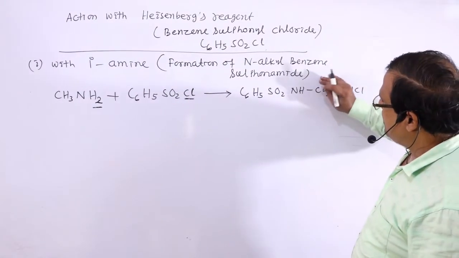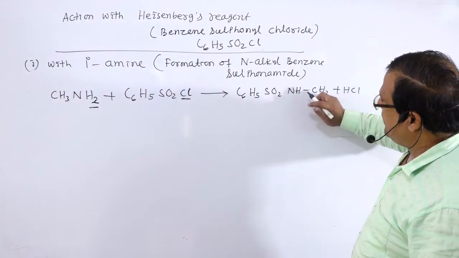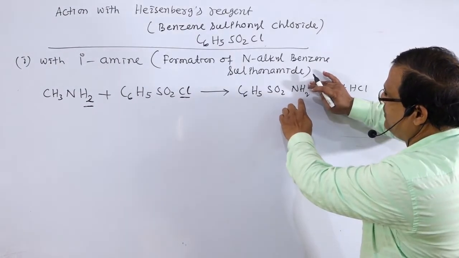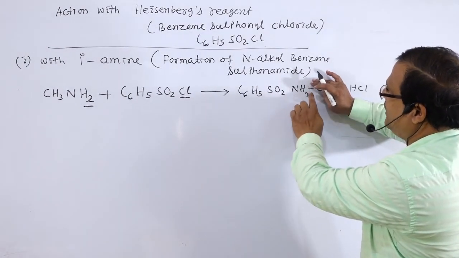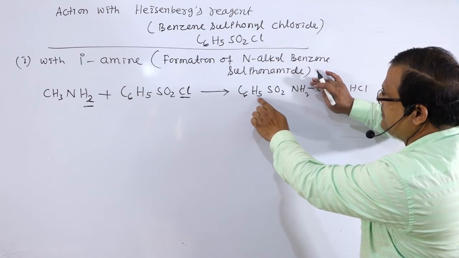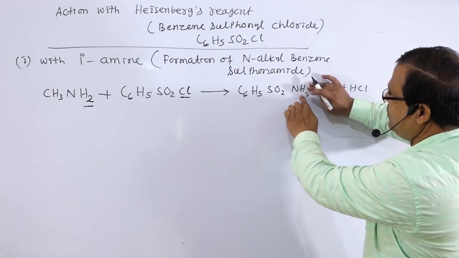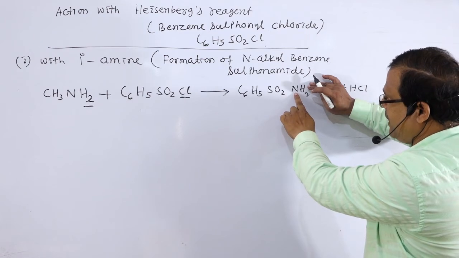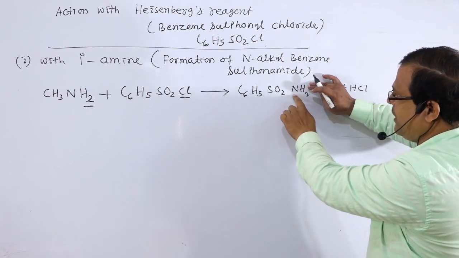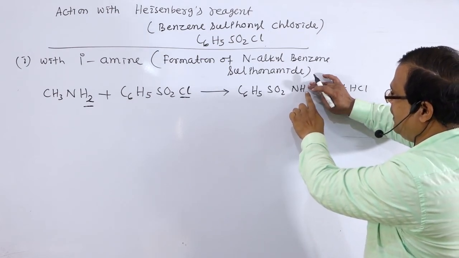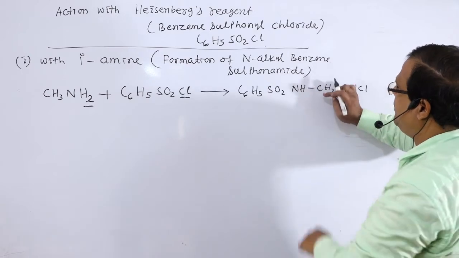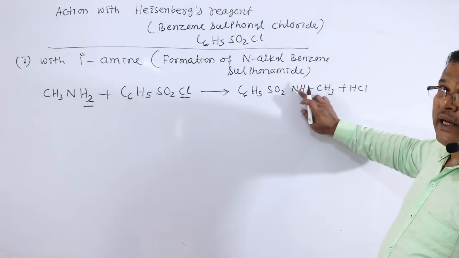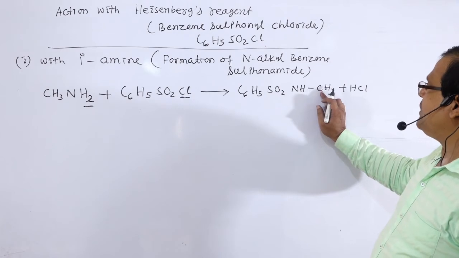If this group is not there, it is C6H5SO2NH2, known as benzene sulfonamide. From this nitrogen atom, one hydrogen atom is replaced by methyl.